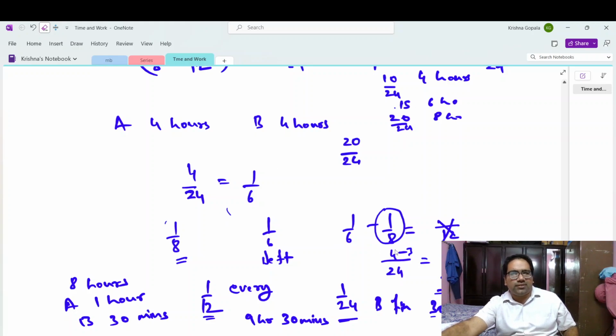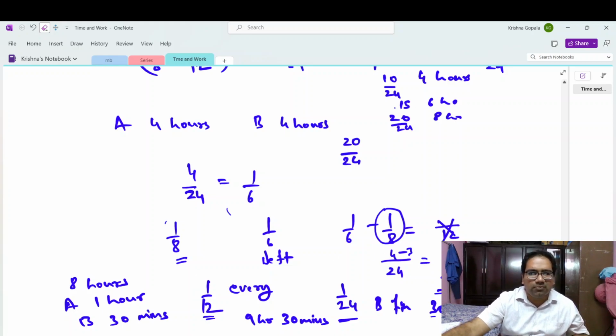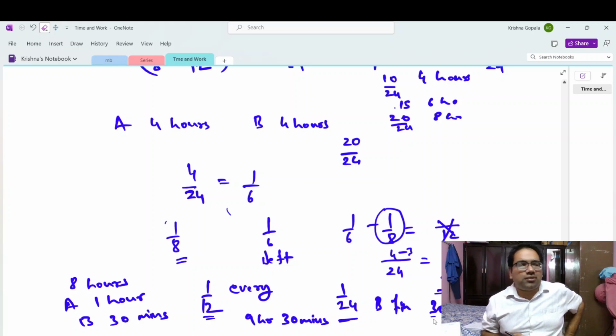Of this 1/6, A will complete 1/8 of the work, and then the work left will be 1/24. This guy can do 1/12 worth of work in 1 hour, so for 1/24, he needs only 30 minutes. Right. Hope you understood this concept.